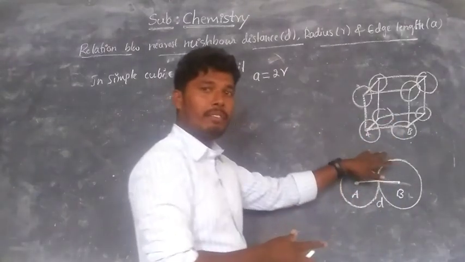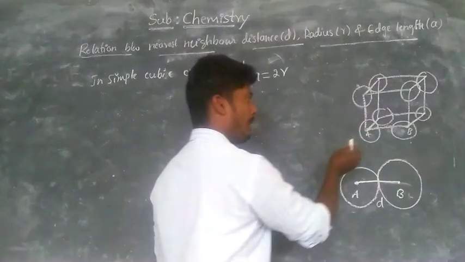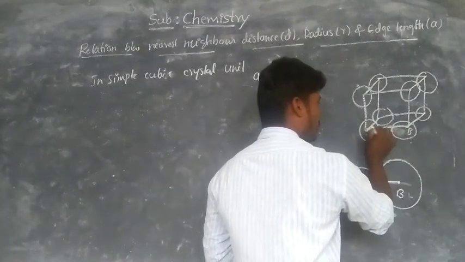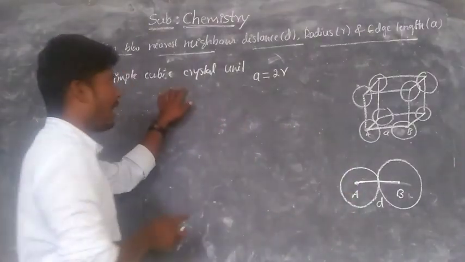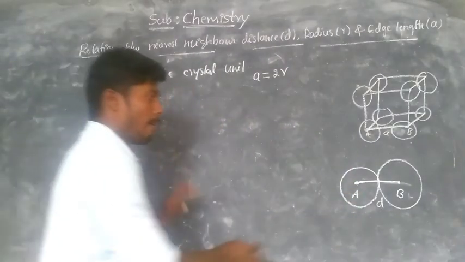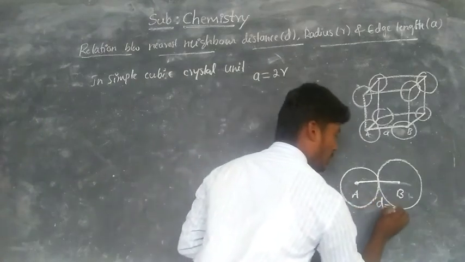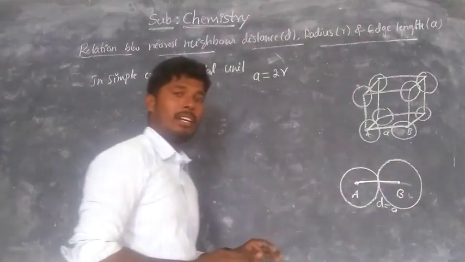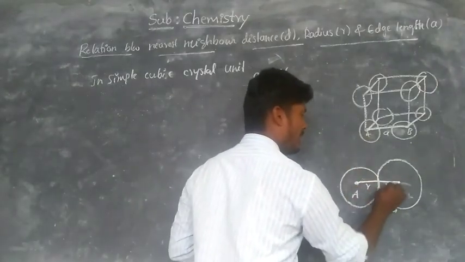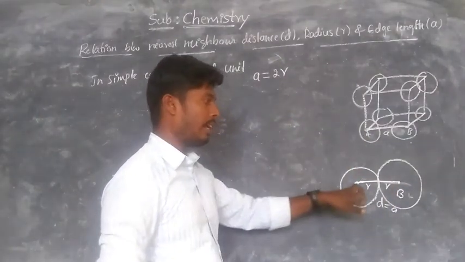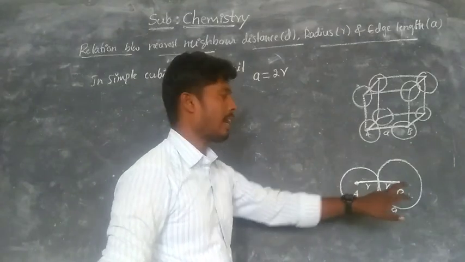To find the packing fraction, we assume the edge length is a. So this is the edge length. Hence, in a simple cubic or primitive cubic crystal, the edge length a is equal to the nearest neighbor distance, and the radius of each sphere is r.